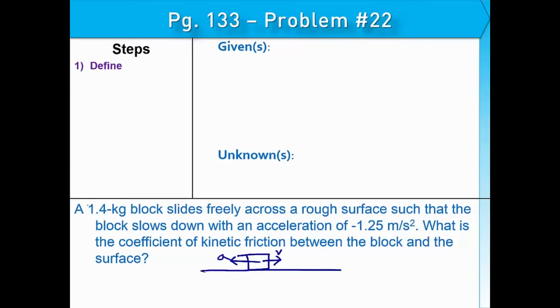Looking at our givens, we're given a 1.4 kilogram block. Because of the unit kilogram, I know I'm dealing with mass, so the mass is 1.4 kilograms. It slides freely across a rough surface, meaning there are no external forces on the block except for the ground. It's slowing down with an acceleration of negative 1.25 meters per second squared.